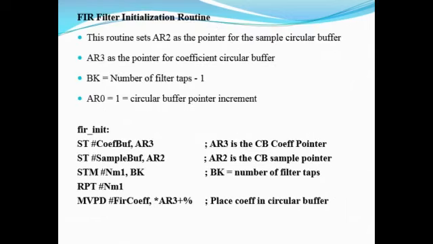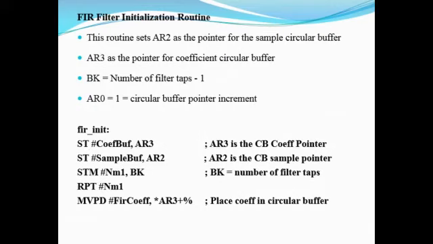So this is the filter initialization. We can see that AR2 is a pointer for the sample circular buffer, AR3 is a pointer for the coefficient buffer, and BK represents the number of filter taps minus 1. We have already discussed this under determining the buffer size. Depending on this, we are going to identify the buffer size. Then AR0 is 1, that is the circular buffer pointer increment.